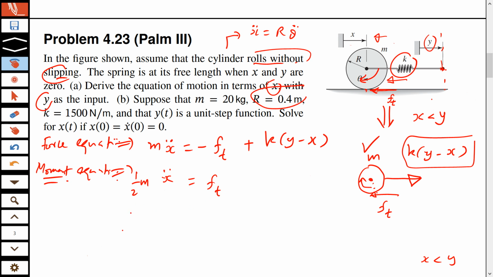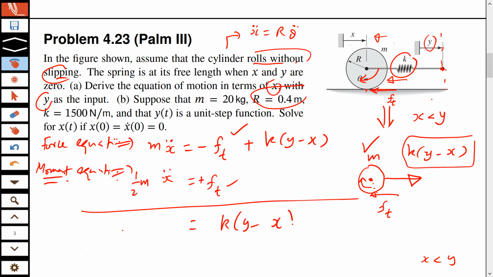So now you can basically add these equations because I want to get rid of this unknown force Ft. So the minus and the plus will cancel out, and on the right hand side I'll have k(y minus x), and on the left hand side I have x double dot times m plus half m, which is 3m over 2.